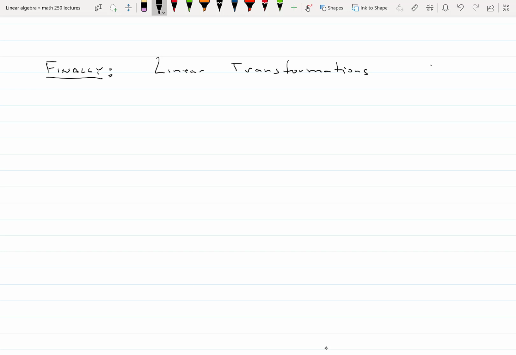So linear transformations. Let's talk about what a linear transformation is. First of all, they are transformations. They're functions between two vector spaces.